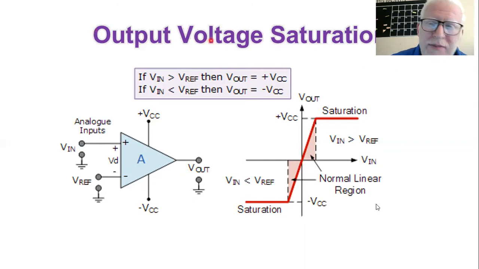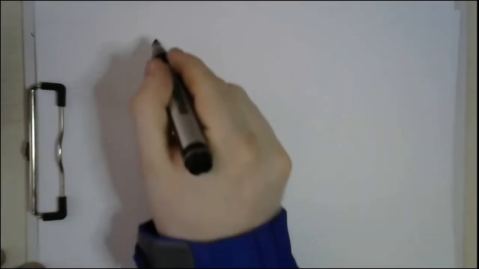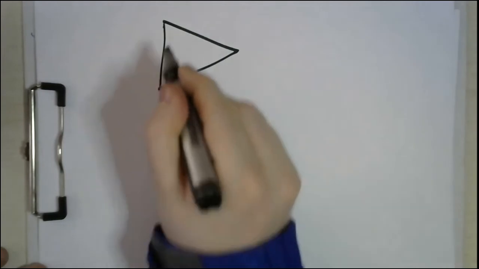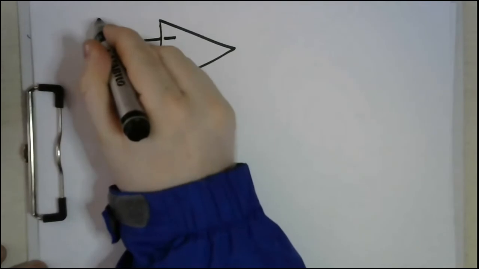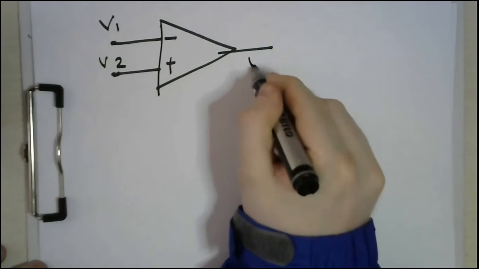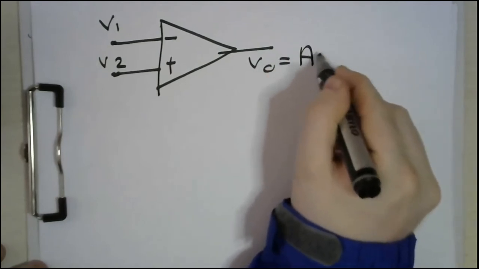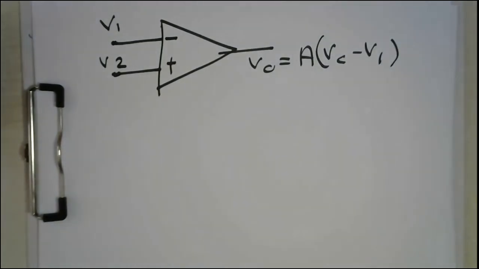Okay, so I think you can now see my screen. In the open loop configuration, we have something like this. This is V1, sorry, and this is V2. And the output V out equals A times V2 minus V1. Perfect.